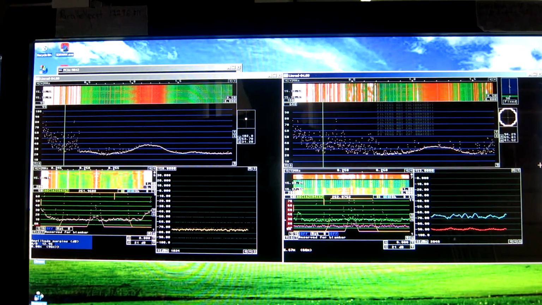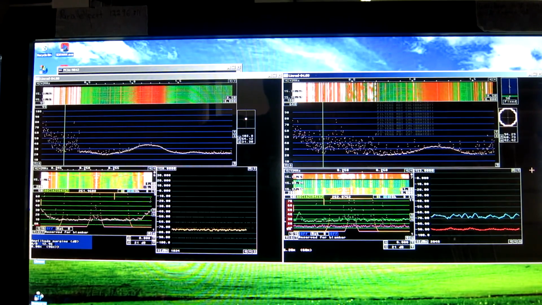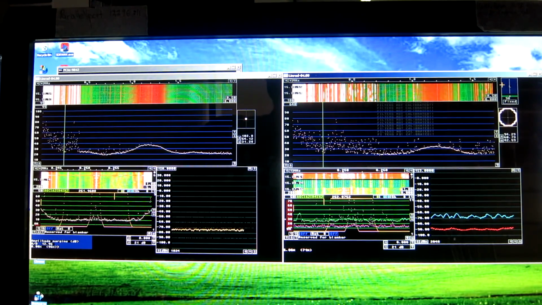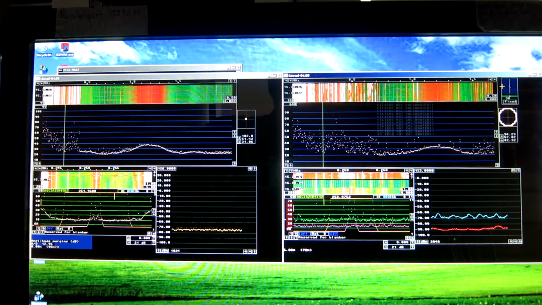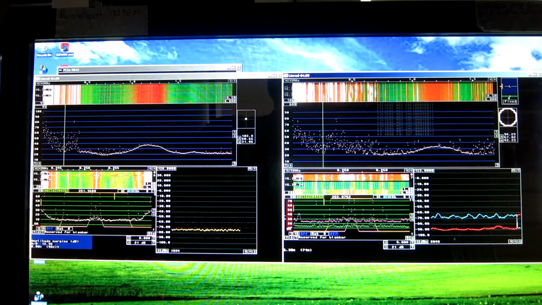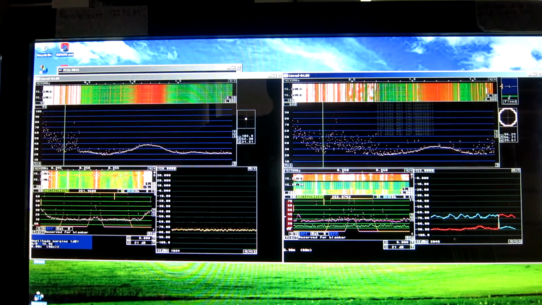And it's rather similar. And then if I listen to the channel where the antenna is not connected, we hear the NDB again.